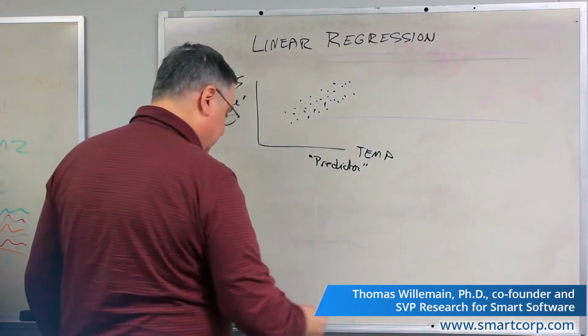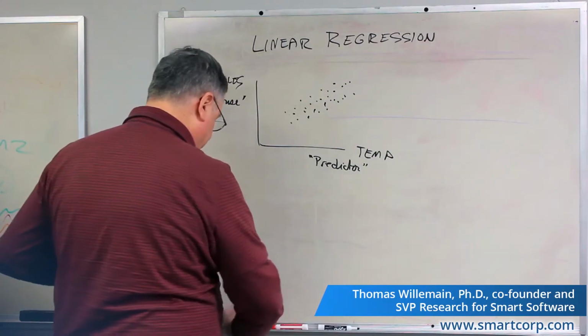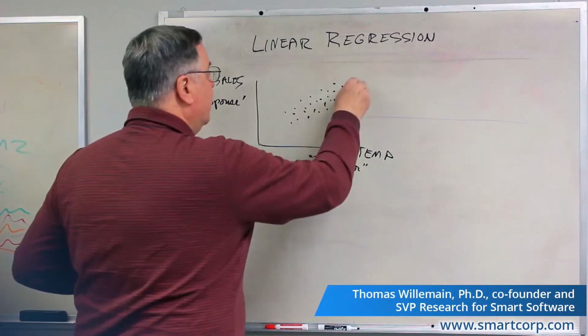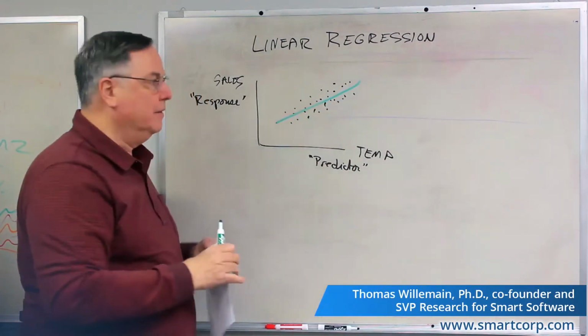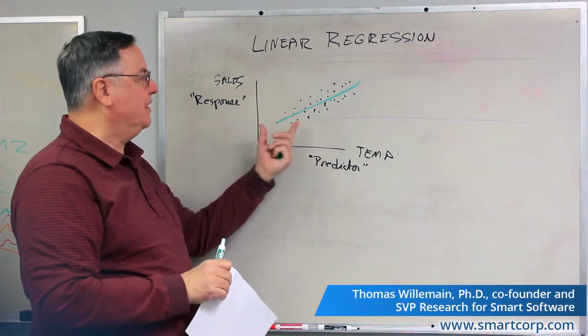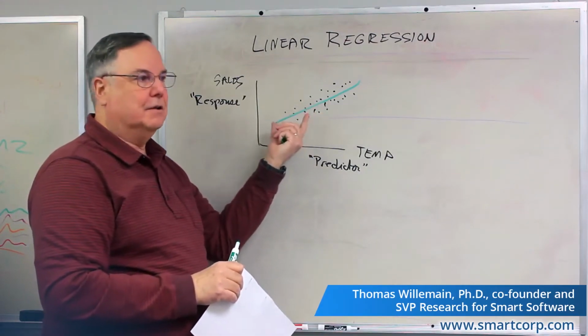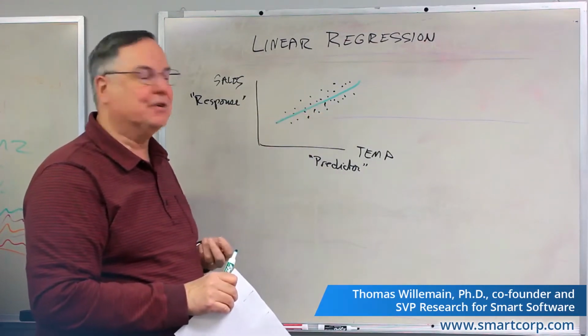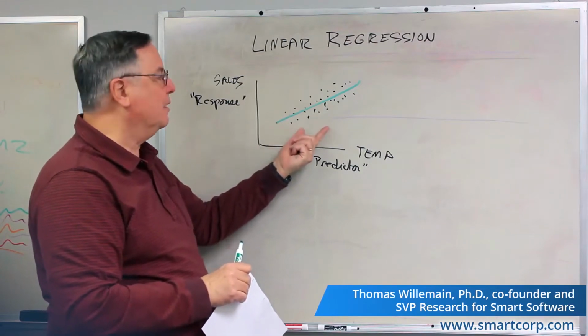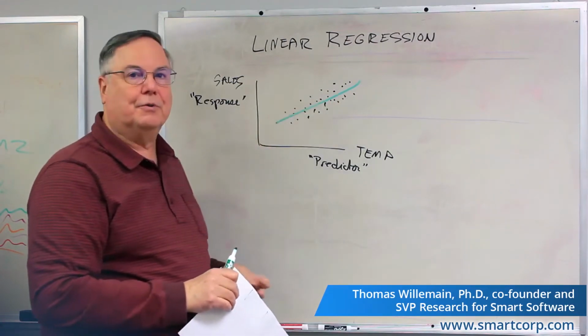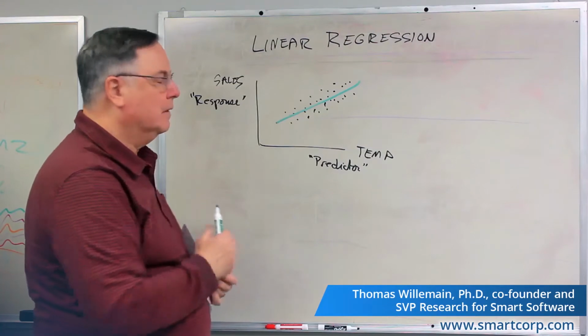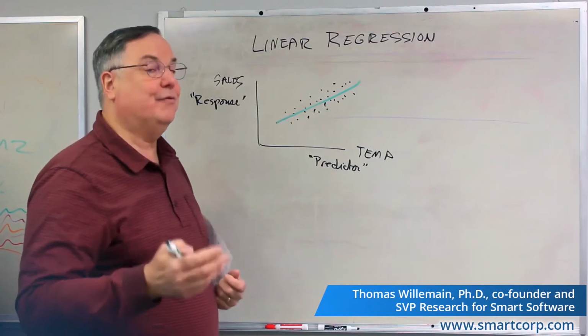And we said that the essence of this approach is to find a straight line, which is a mathematical representation, which is trying to distill the message in this picture. This picture is called a scatter plot. This line is called a regression line, or a best fit line.